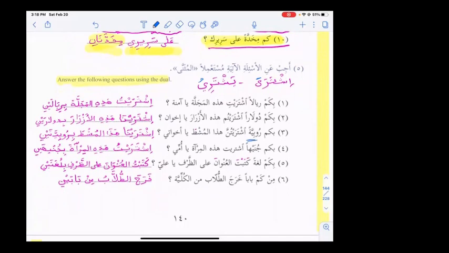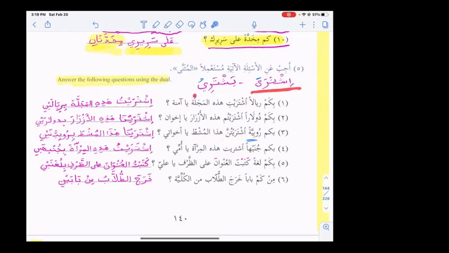This is rupees. Rubiyatan is the rupees. Bikam rubiyatan ishtaraitunna hadha al-mushta, ya akhwati, oh my sisters, antunna. Ishtaraitunna. I'll explain this next time, inshallah. Ishtara, yashtari.